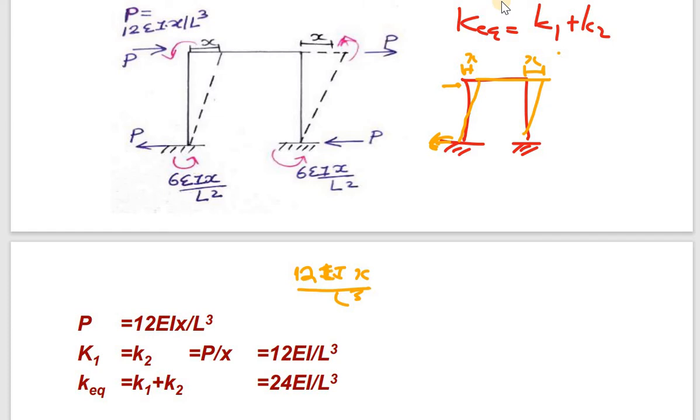I don't know whether you have studied this, but I think you will be studying it in your structural dynamics. If one end is fixed and we apply a displacement, then a moment will be developed, and that value of force will be equal to 12 EI by L cube into x. That 12 EI by L cube is the force, and into x it gives the moment.